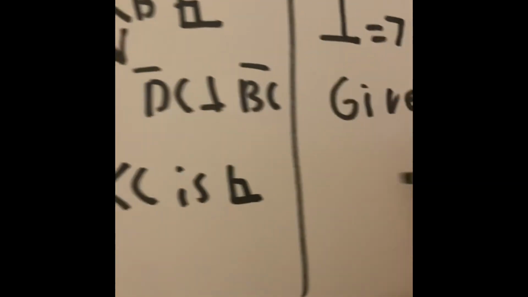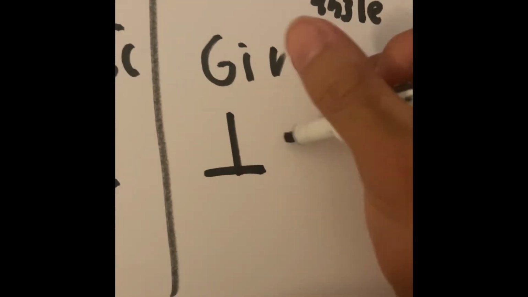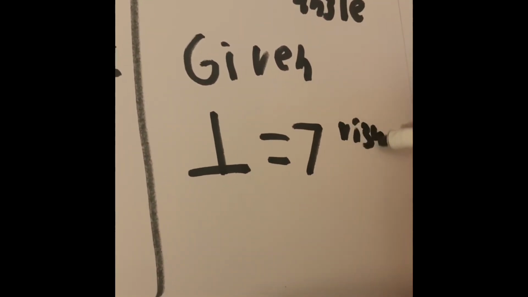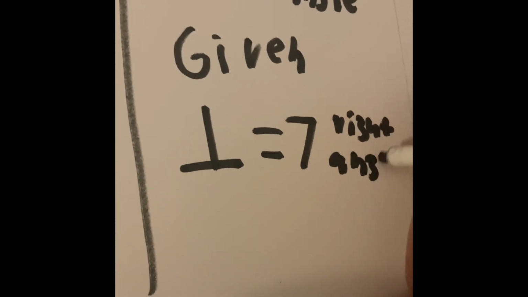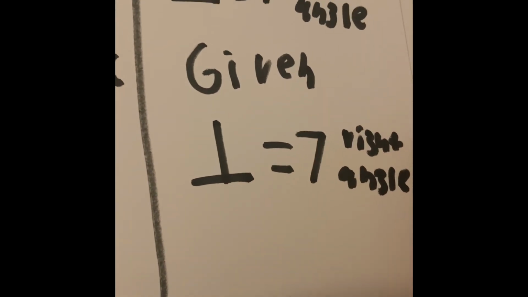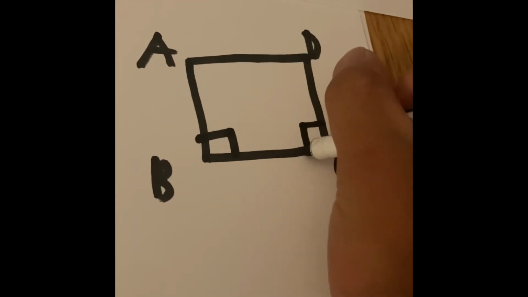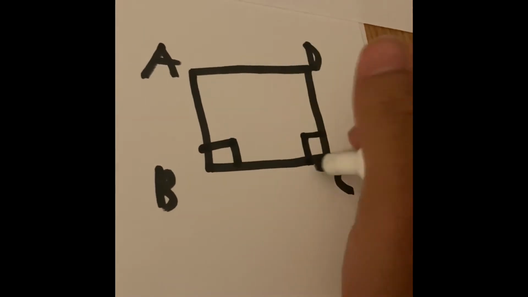We could also say that the perpendicular line can bring us to another right angle. That is saying angle C is also 90 degrees.